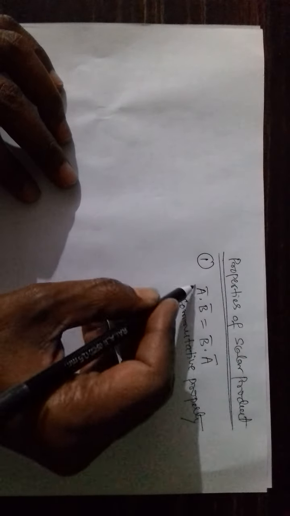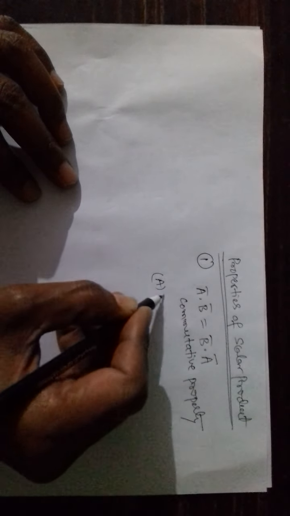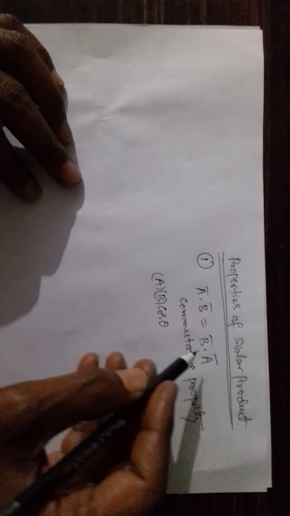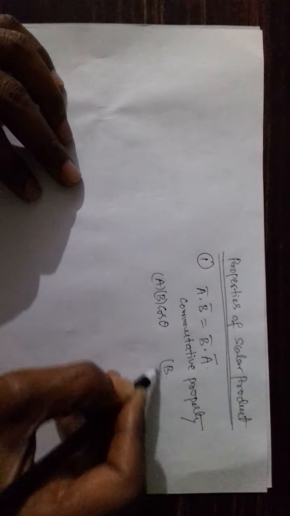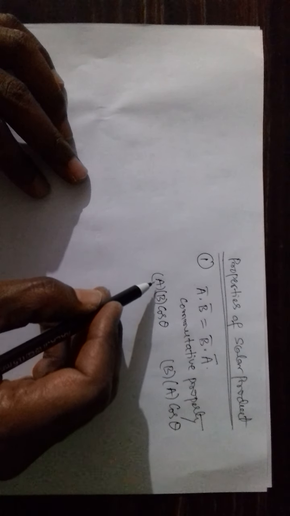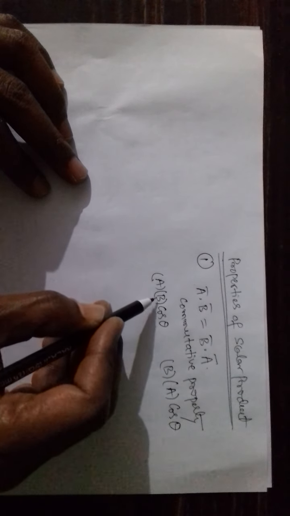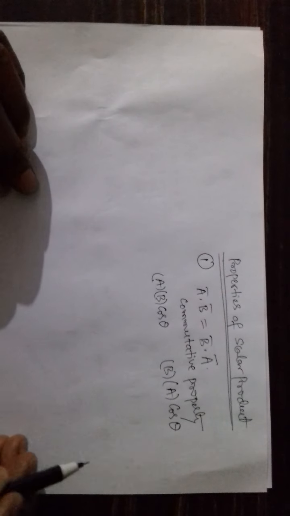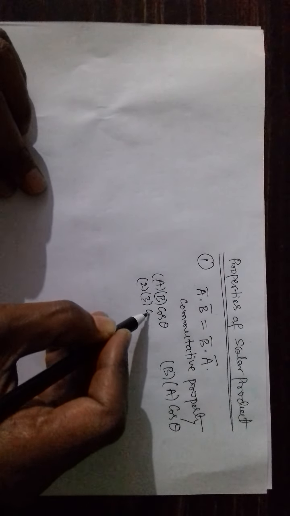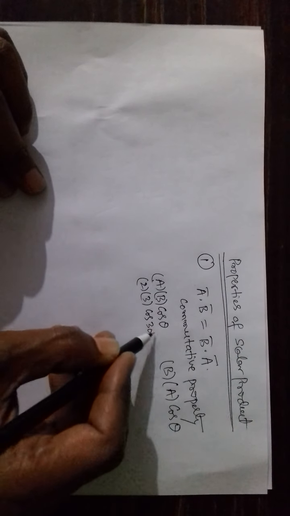See whether this is correct or not, we have to check. A dot B means A B cos theta. B dot A means B A cos theta. See, A is a number, B is a number. For example, let me take A is a number, B is another number, cos 30 degrees.